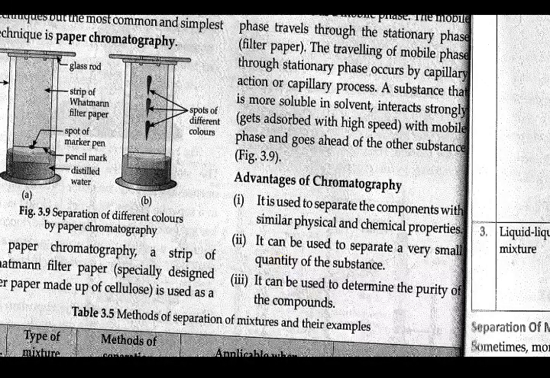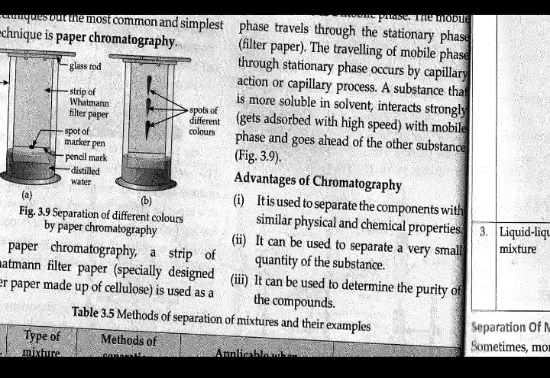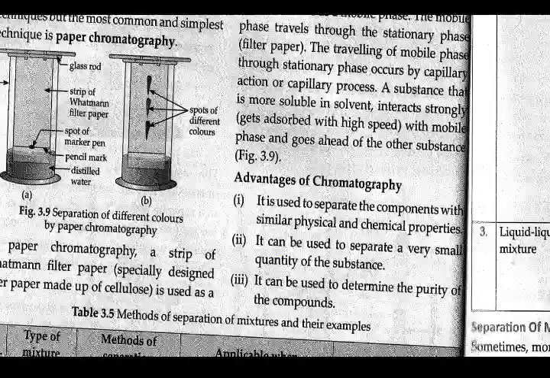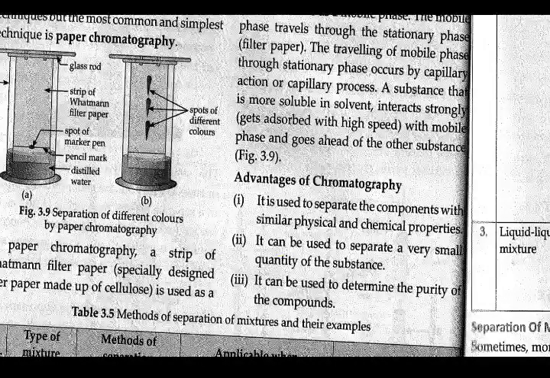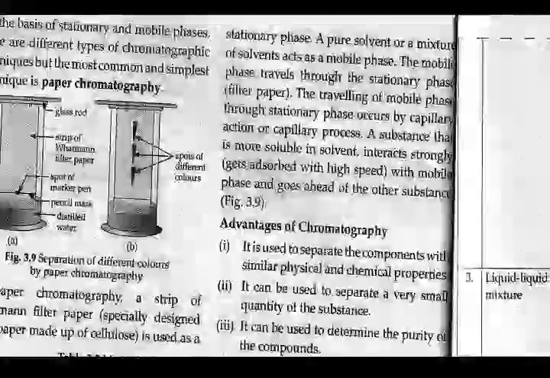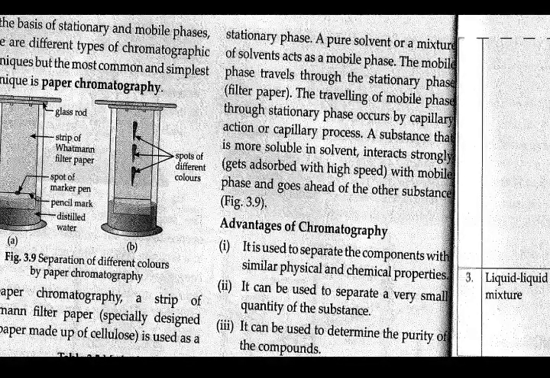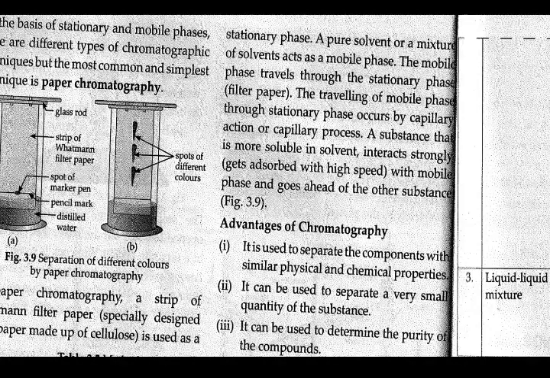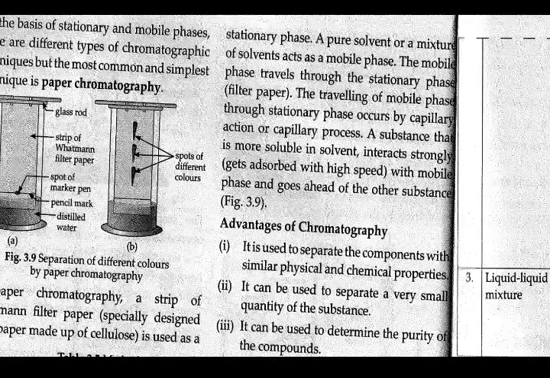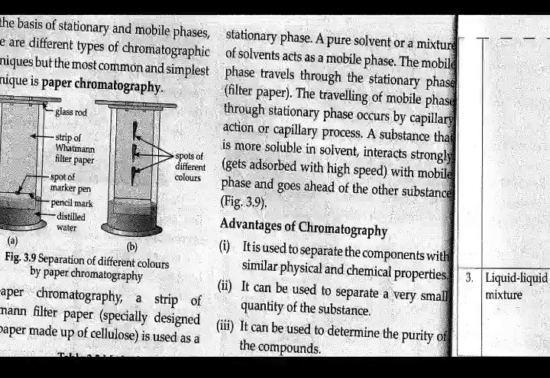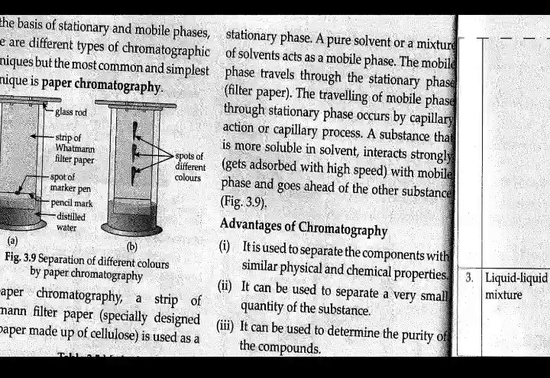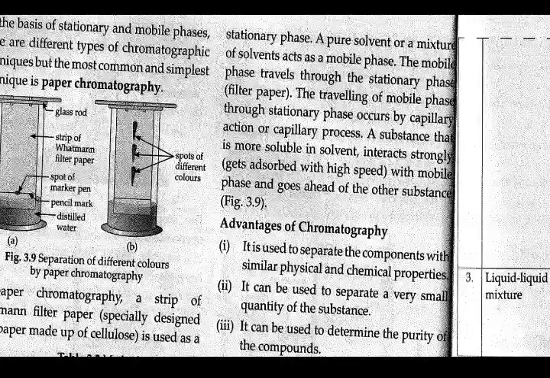It's a specially designed filter paper made of cellulose, and this is used as a stationary phase, which I have just explained, and a pure solvent or a mixture of solvents acts as a mobile phase. So the mobile phase travels up the stationary phase, that is the filter paper. You can see how this has traveled.